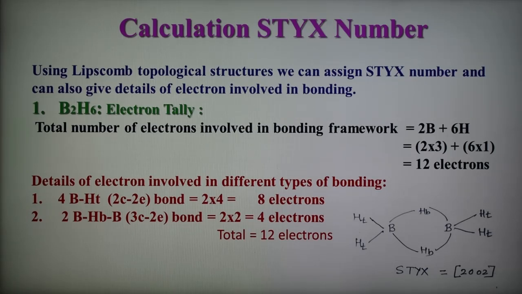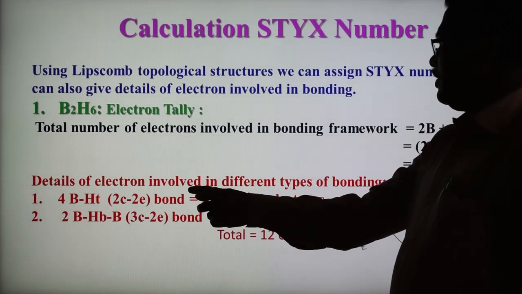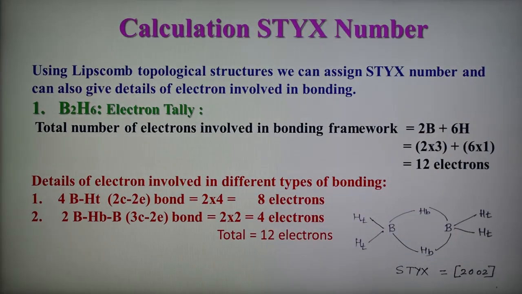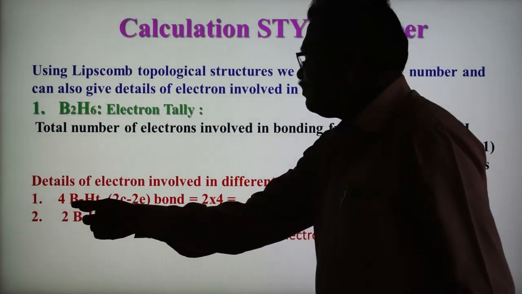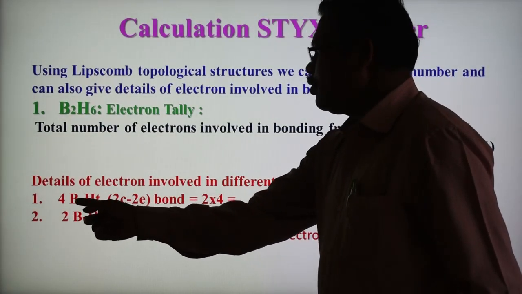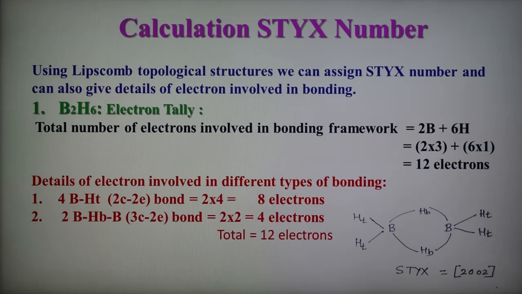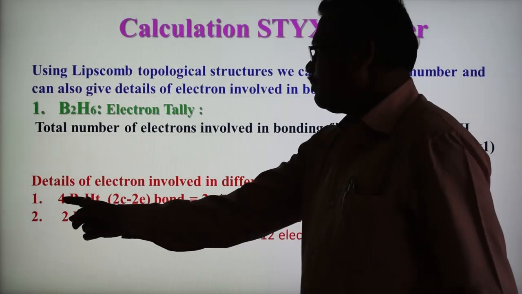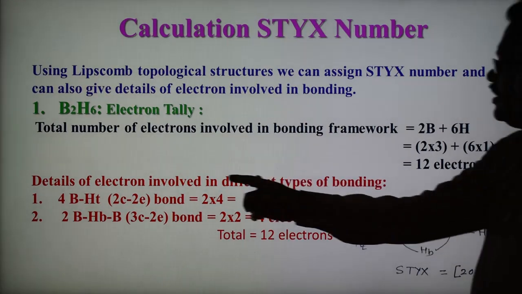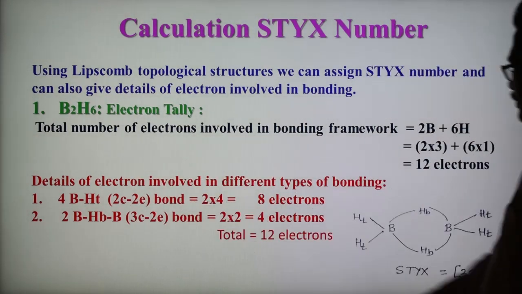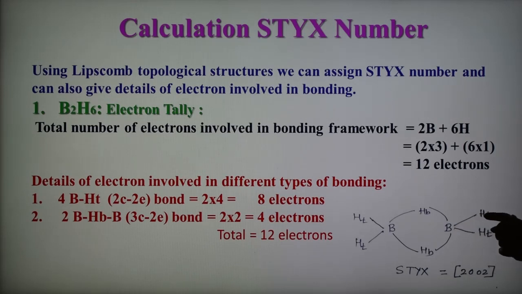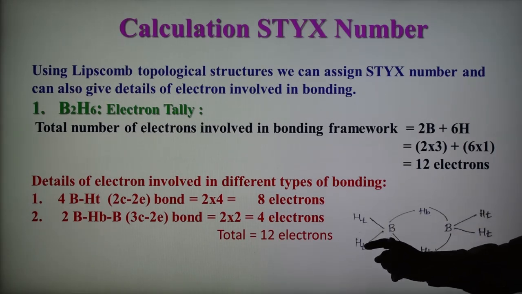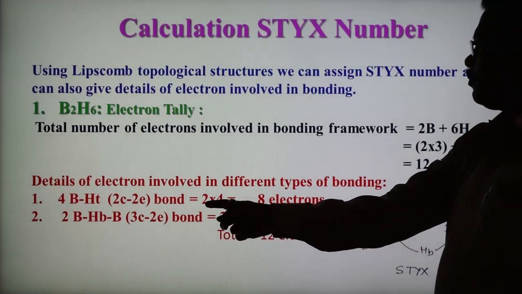Now here are the details about the electrons involved in the different types of bonding in diborane. Number 1: 4 boron-terminal hydrogen bonds, each a 2 center 2 electron bond, BHt, BHt, the third and the fourth.